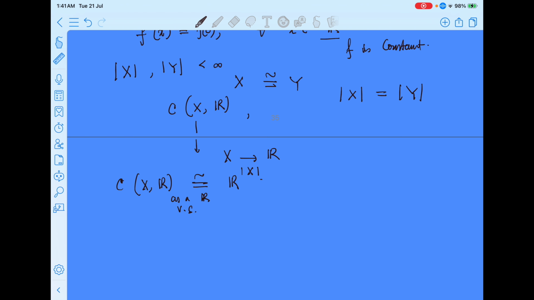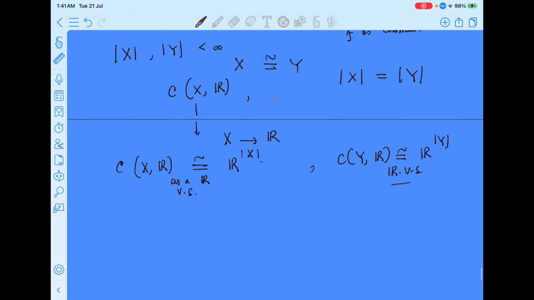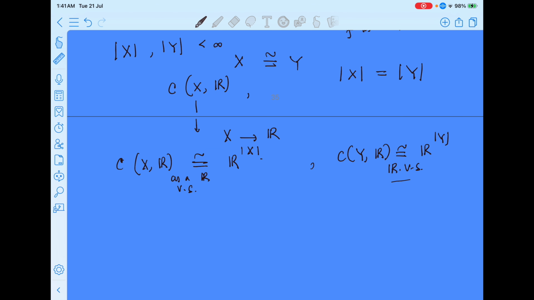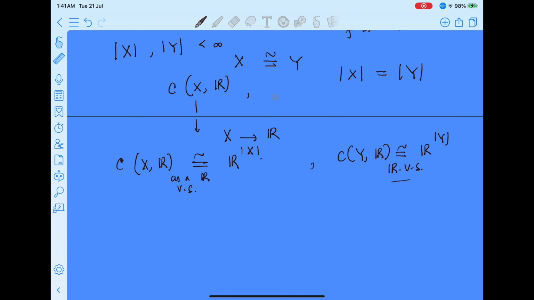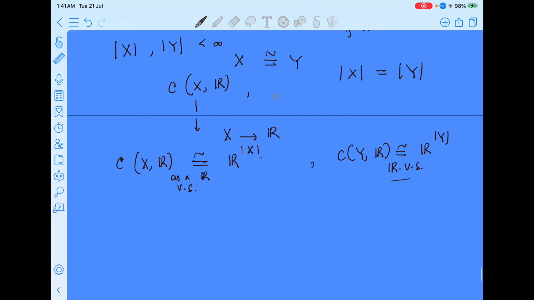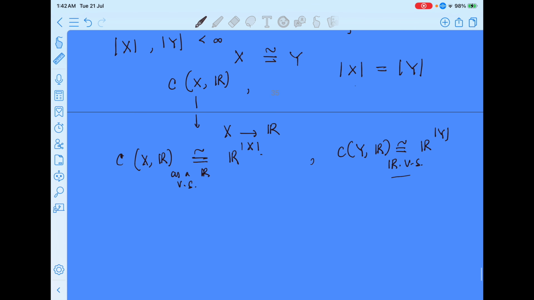You have to put the slots, that's it. And C of y comma R is just isomorphic to this as an R vector space, because it is given that x comma y are finite metric spaces. So x is homeomorphic to y, that means mod x equals mod y, that means these are isomorphic.